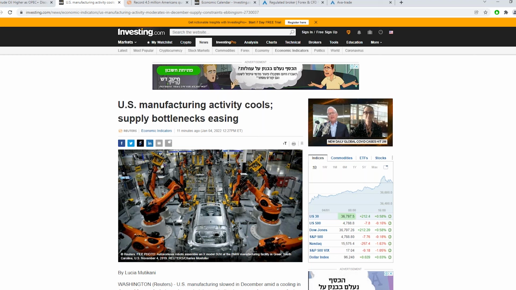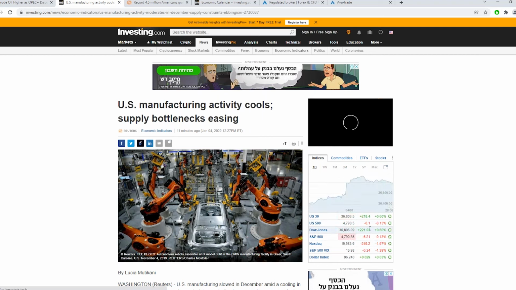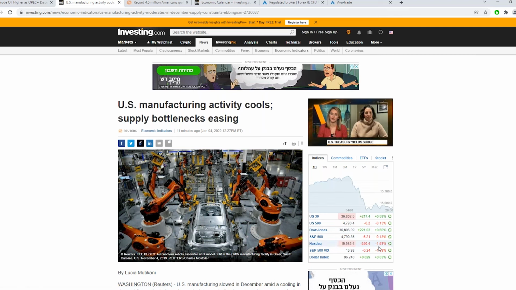Manufacturing activity is probably cooling because prices are too high and people can't keep buying things at a faster price increase than what their incomes are rising. So it's kind of mixed today. We see that down here. You can see a quick snapshot of the markets. It's a mix of green and red. US 500 slightly red, Dow Jones largely green, NASDAQ in the red.